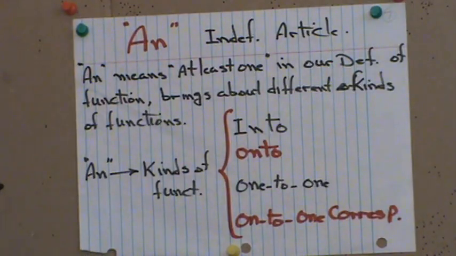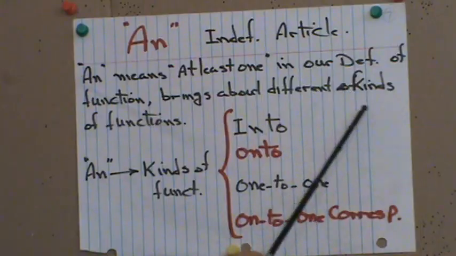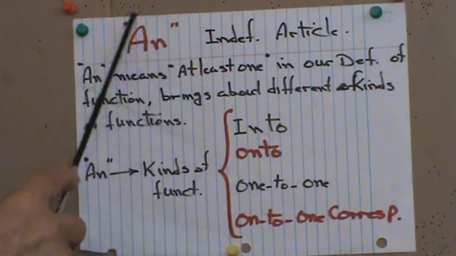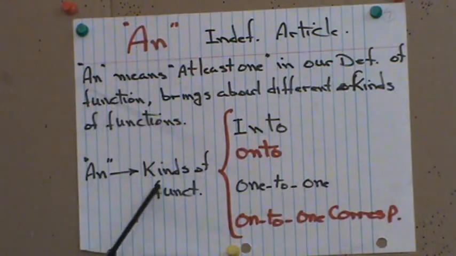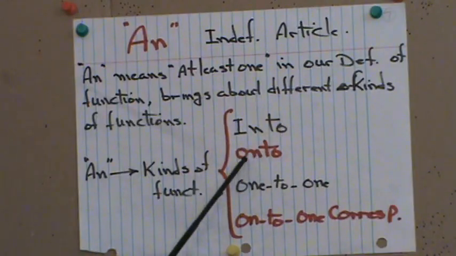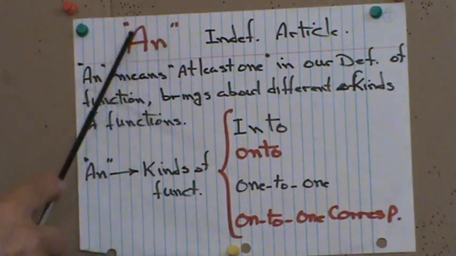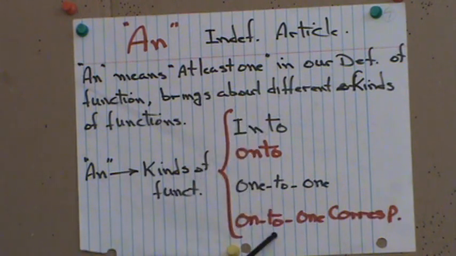Now it brings about the following kinds of function. With the word "and" comes this kind of function: into function, onto function, one-to-one function, and one-to-one correspondence function. So this word causes these kinds of function to pop up. Without that, we couldn't do that.